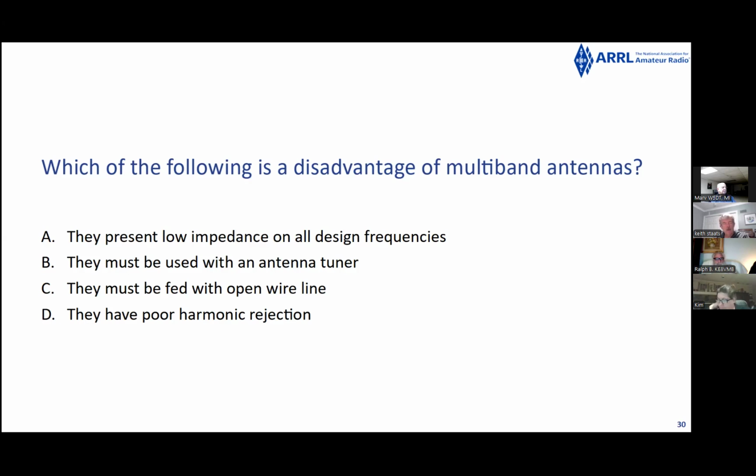D? I was thinking between B and D. I picked D. Want to take a shot here, or what did we say? D, as in delta. They have poor harmonic rejection. Yep. Yeah, okay.